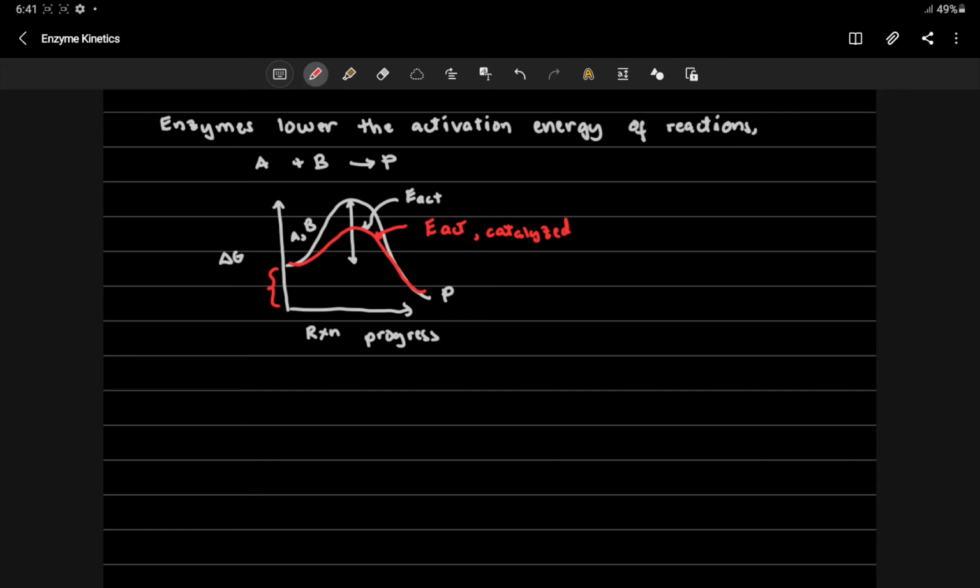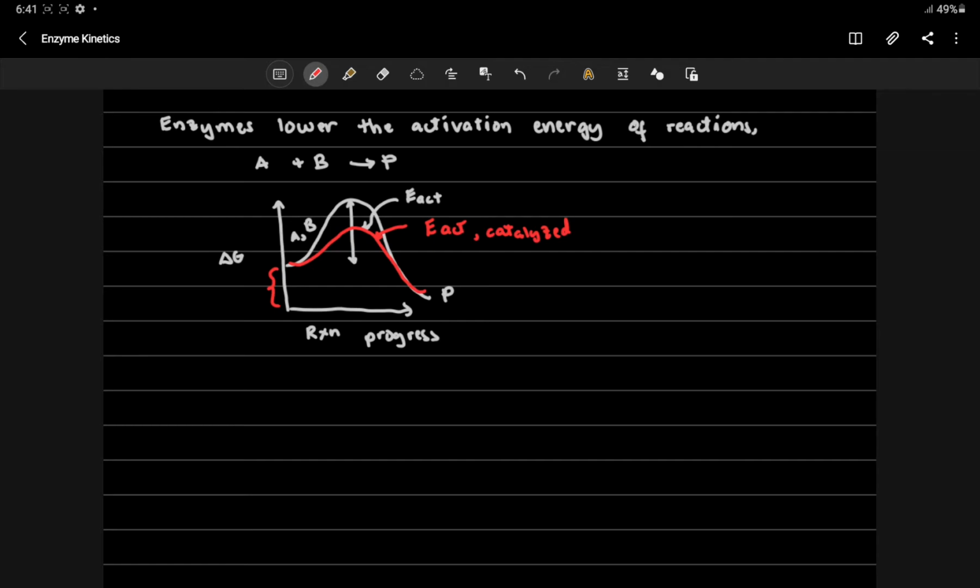Okay? So whether catalyzed or uncatalyzed yung reaction mo, it doesn't change the equilibrium. It doesn't change the free energy. It doesn't change the thermodynamics. What is changing here is the rate of the reaction because your activation energy has been lowered.